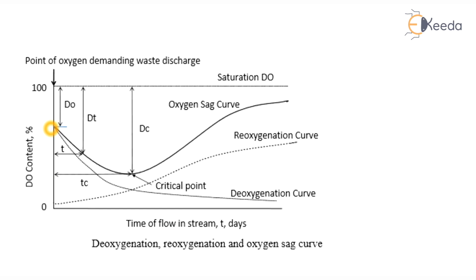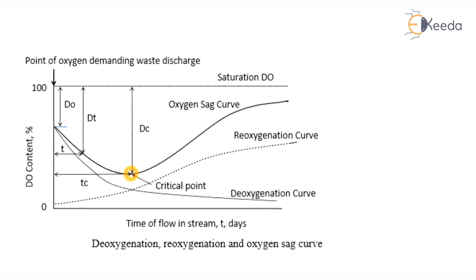When the sewage is added into the stream or water body, the organic matter present in that sewage gets oxidized, reducing the dissolved oxygen content, because it utilizes the dissolved oxygen for its oxidation process by microbial action or bacteria. Until its complete decomposition or oxidation of organic matter, the dissolved oxygen content goes on decreasing and decreasing.